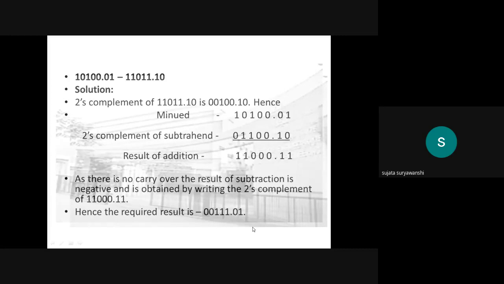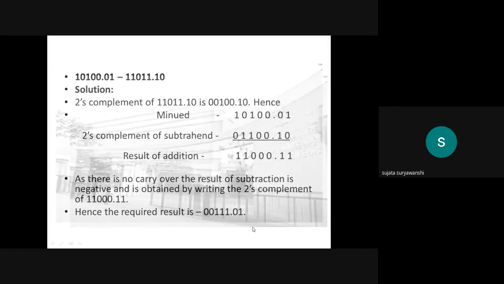Your first step is what? First, find out the 2's complement of the second number, irrespective of whether that number is positive or negative, or bigger or smaller than the first number. Irrespective of all the conditions, you have to find out the 2's complement of the second number.